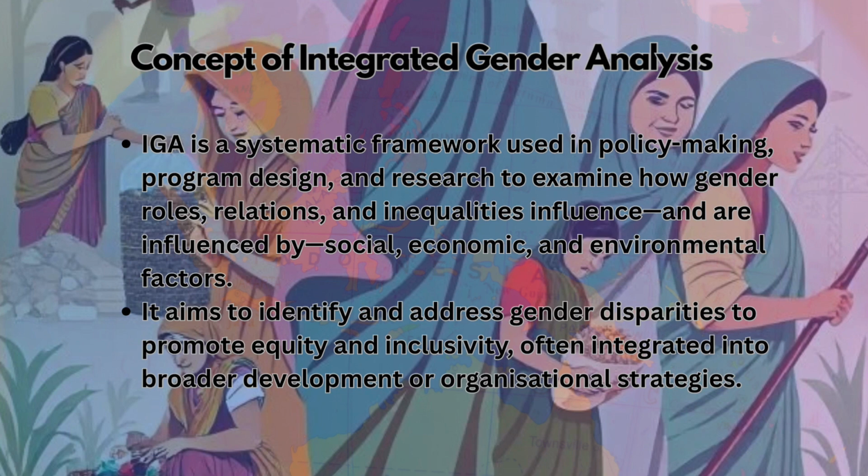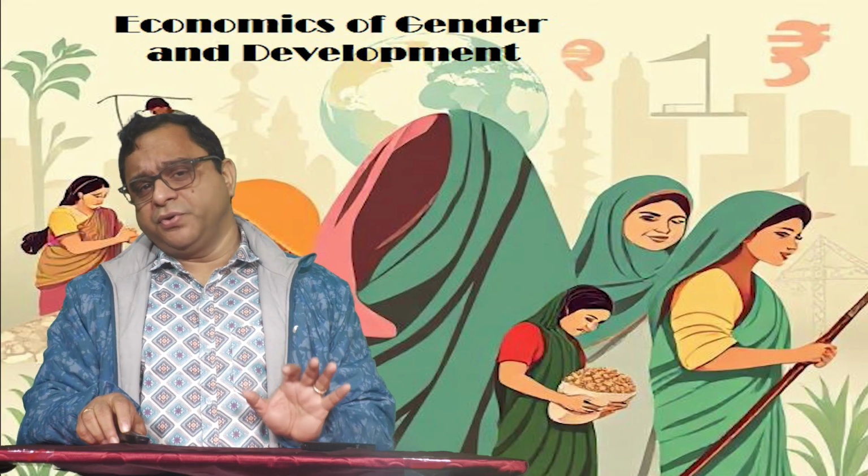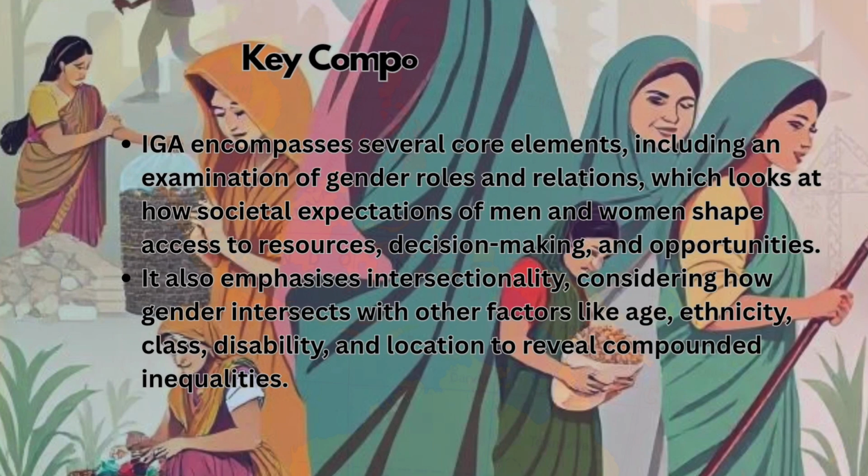Now, if you look at the key components of IGA, integrated gender analysis, we find that it encompasses several core elements, including an examination of gender roles and relations, which looks at how societal expectations of men and women shape access to resources, decision making, and opportunities.